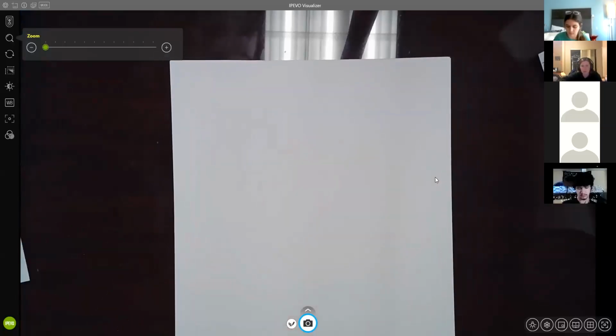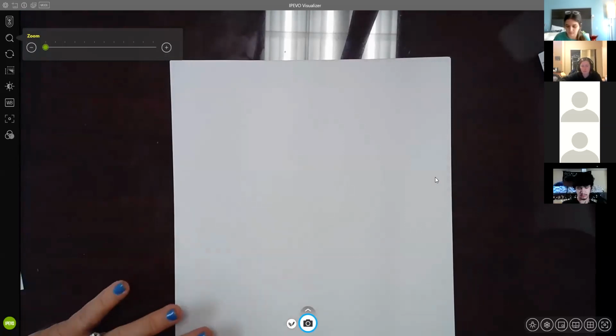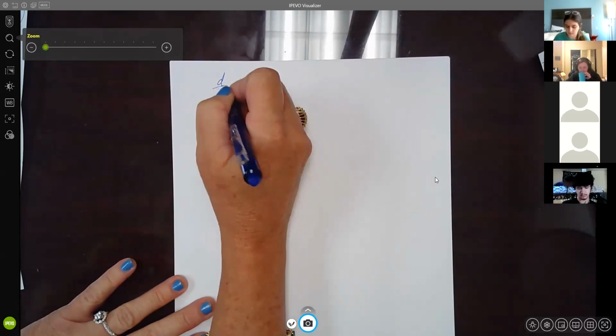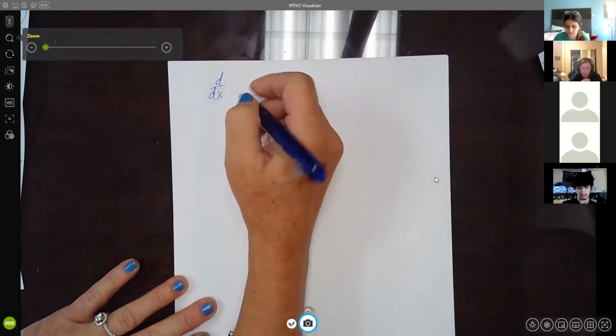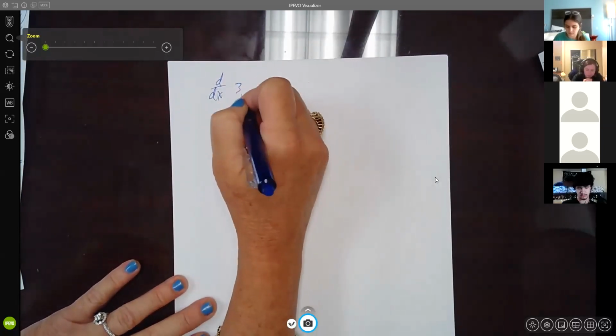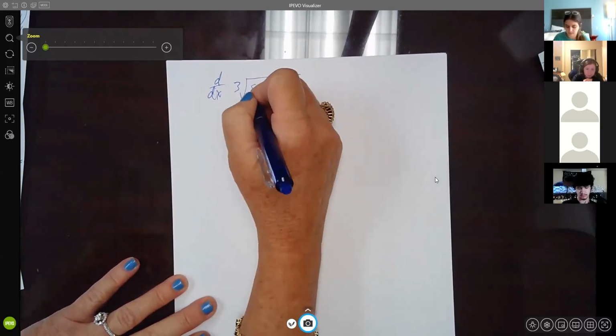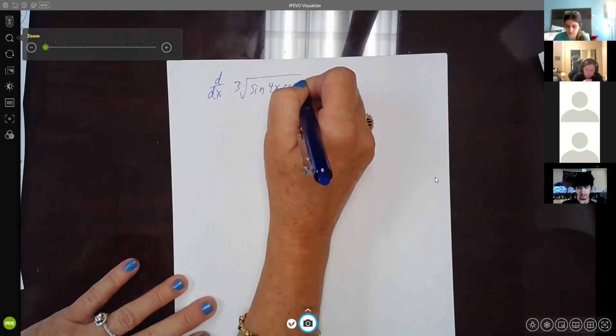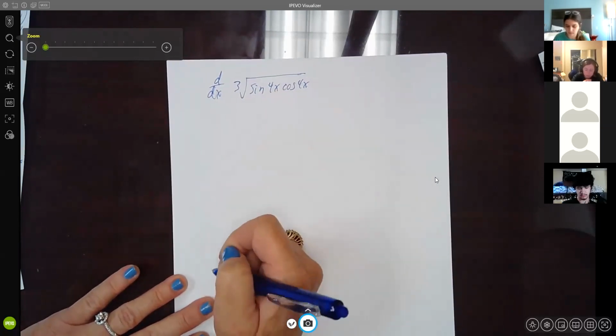Now the problem that I worked out earlier, it's just different numbers, same basic problem. Looking for the derivative with respect to x of 3 times the square root of sine 4x cos 4x.